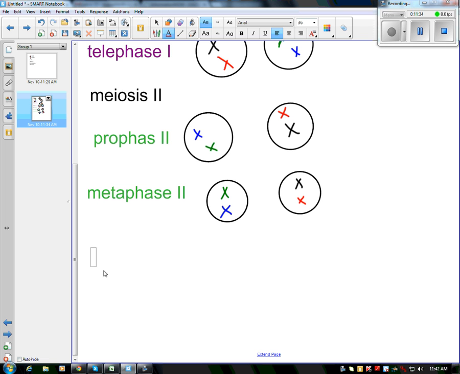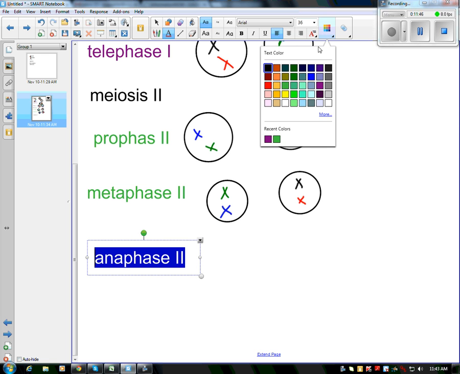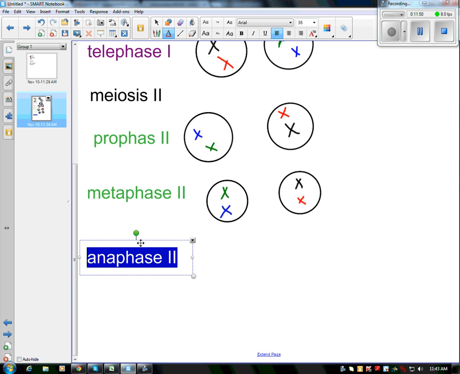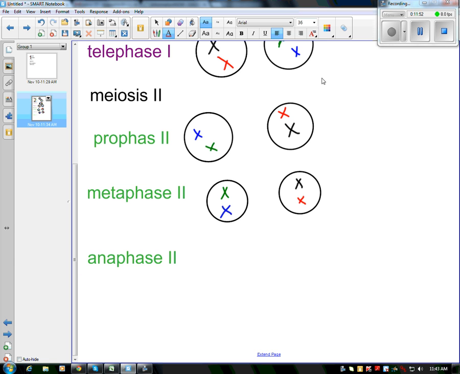And then you go to what? Yep, anaphase 2. Again, they start elongating.